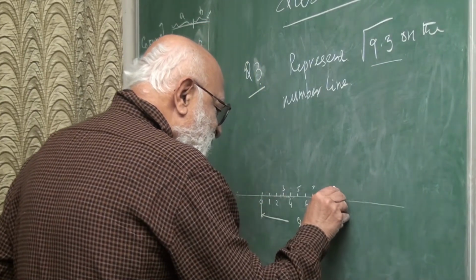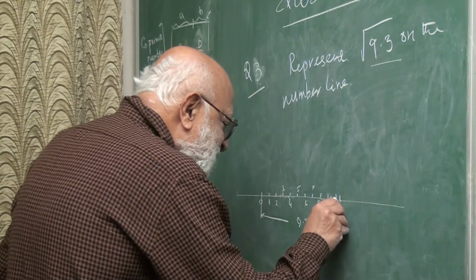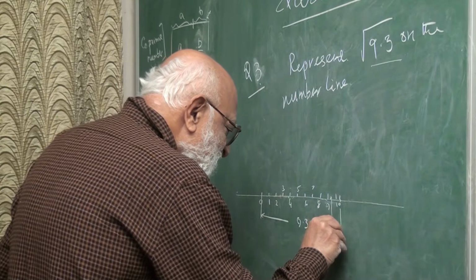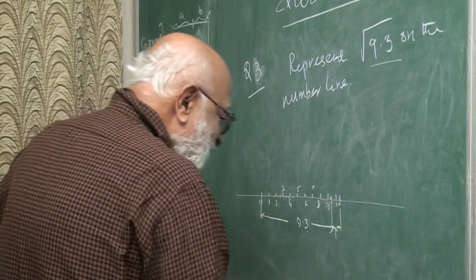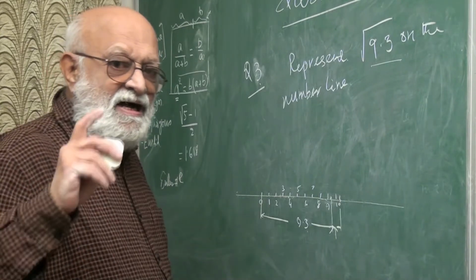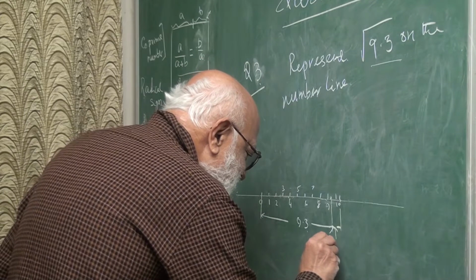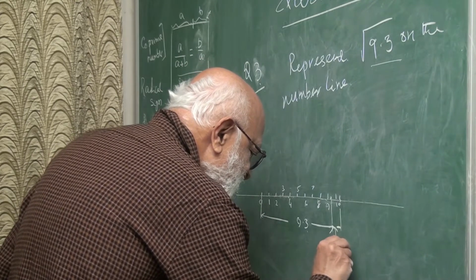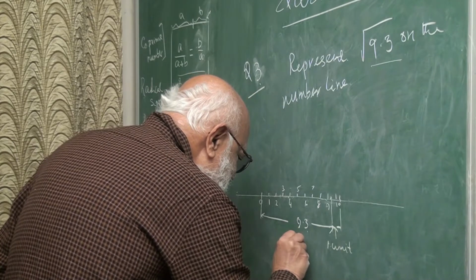If you are not accurate, you will get a different value. So please see this one. This has been done very nicely in my previous video. So this is 1 unit, 1. And this is 9.3 units.